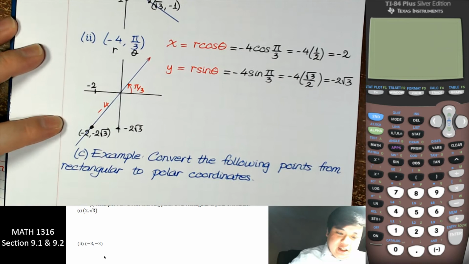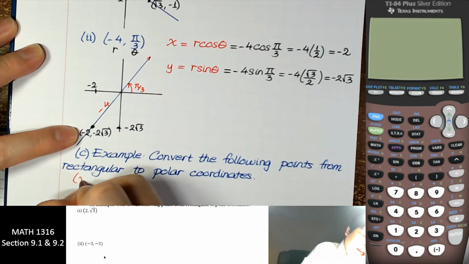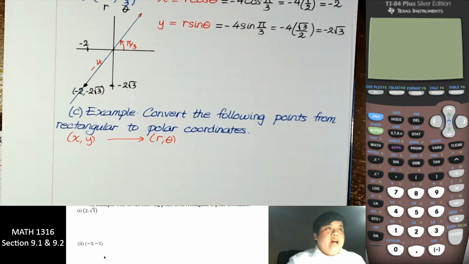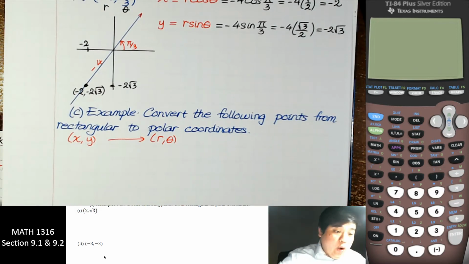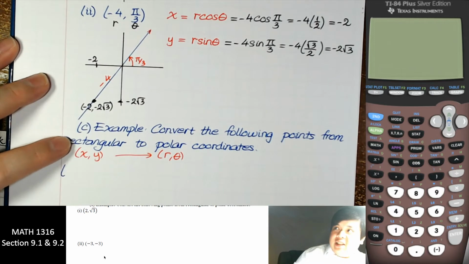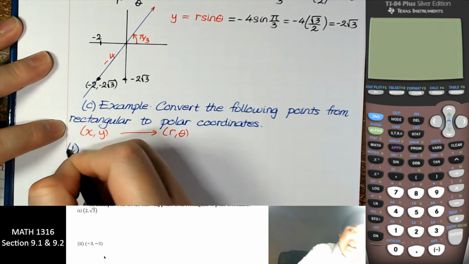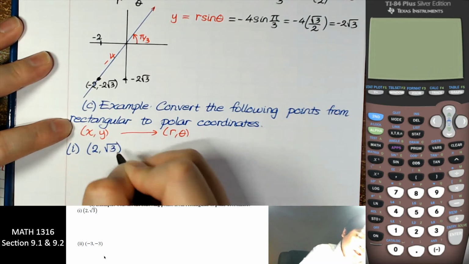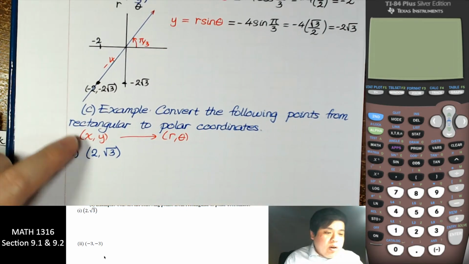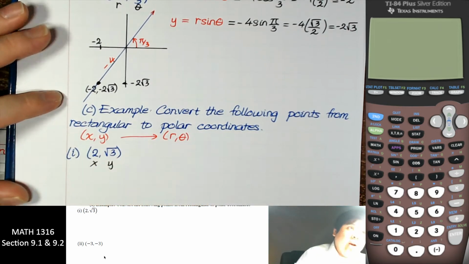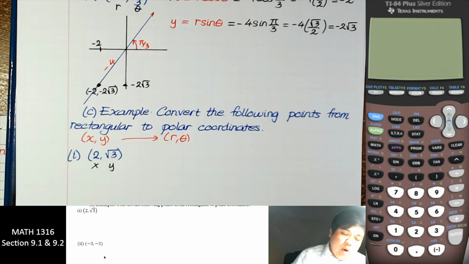Rectangular will have two coordinates x and y, and polar is r and theta. So we go from xy to r and theta. Right. This problem we definitely have to draw and make sure that it is correct. So first, 2 and square root of 3. So this is in rectangular, so x is equal to 2 and y is equal to square root of 3.